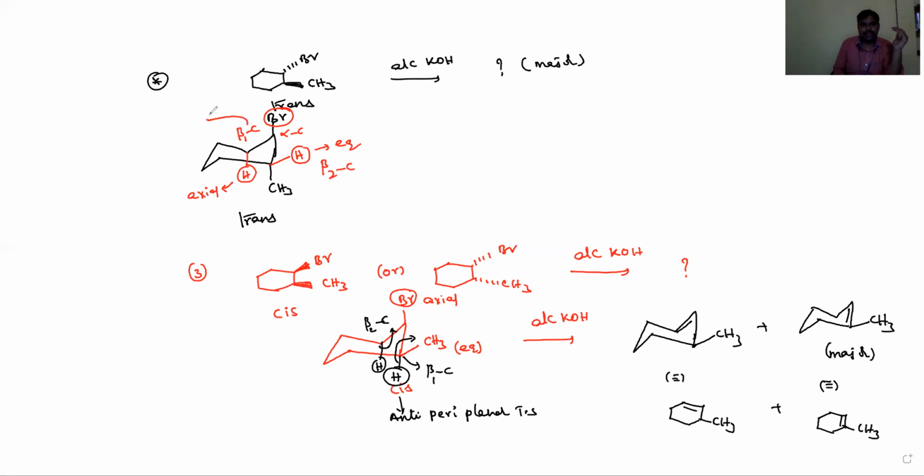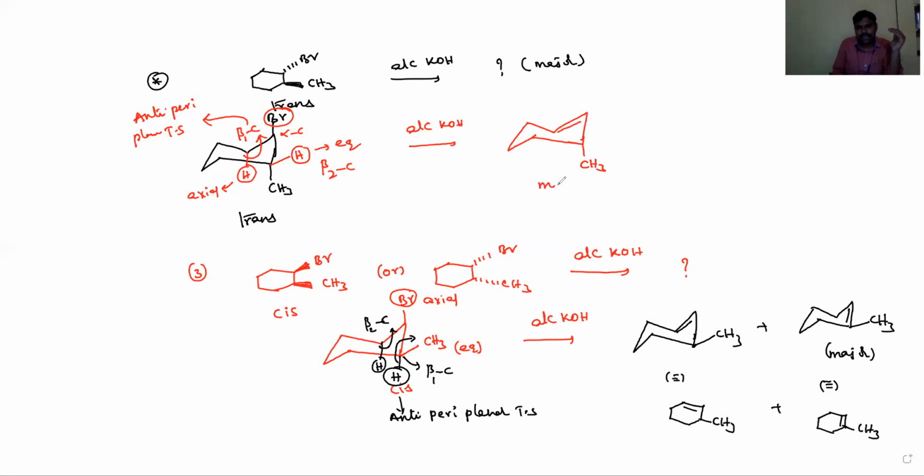Now this beta 1 carbon has an anti-periplanar transition state, and the resultant product is the major product when treated with alcoholic KOH. The major product is this.